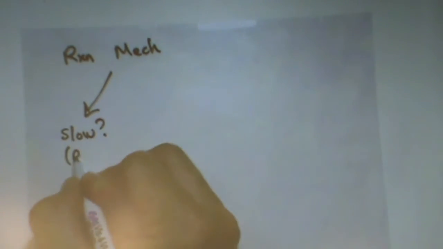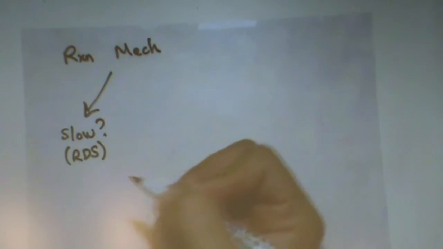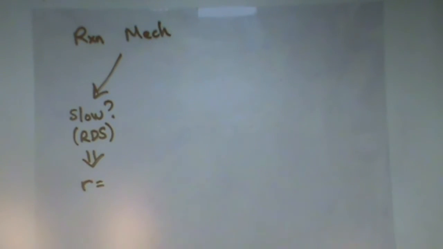All right, for an overview of PSSH or just reaction mechanisms, let me say this. One thing here, if I make a little schematic, things I'm looking for. Do I see somewhere where it says something is a slow step, or the rate determining step? If so, my default is to say the rate equals that step. So write the rate for that step if it says it's slow.